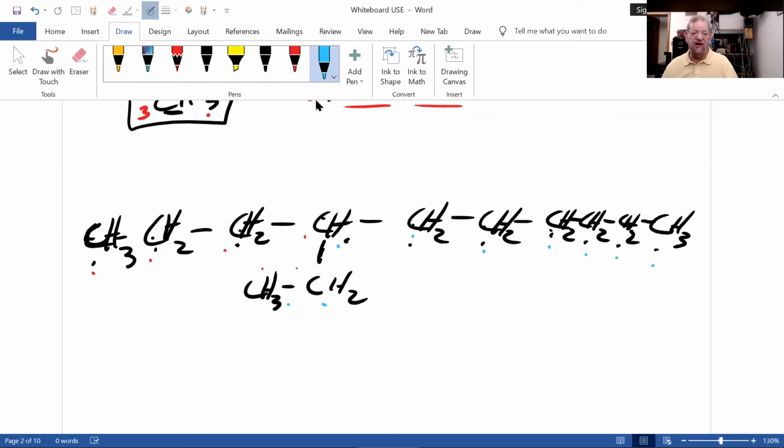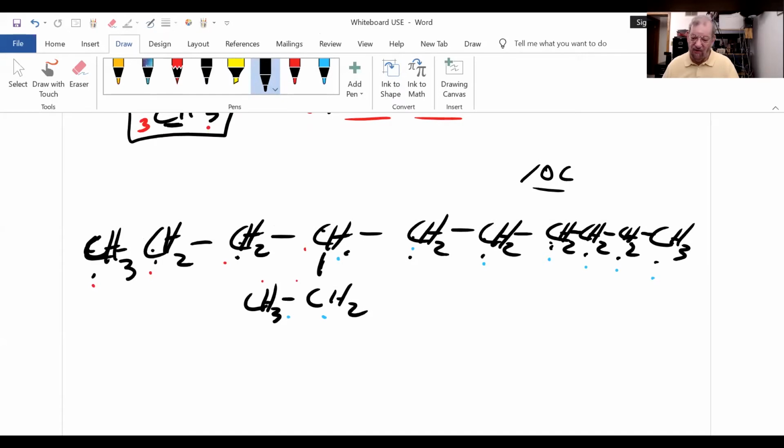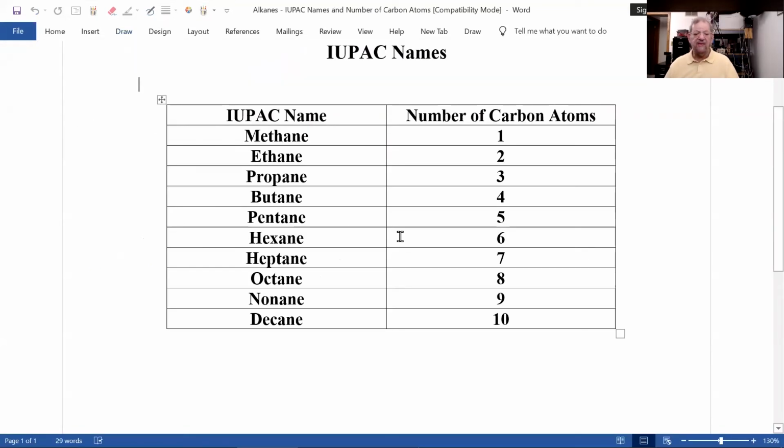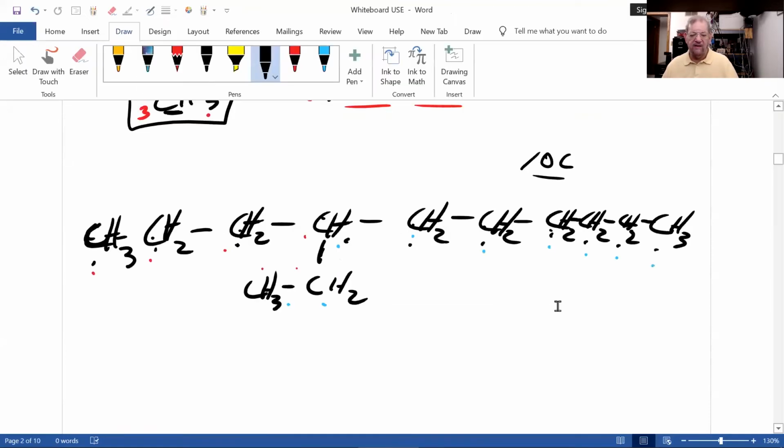So the longest chain was 10 carbons. In case you haven't learned it yet, hopefully you'll get on it: what's 10 carbons? Time's up, it is decane. So the root name for this is decane.